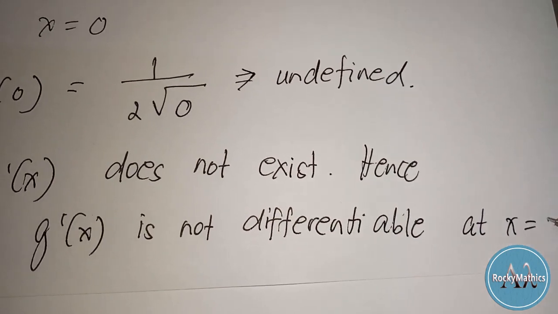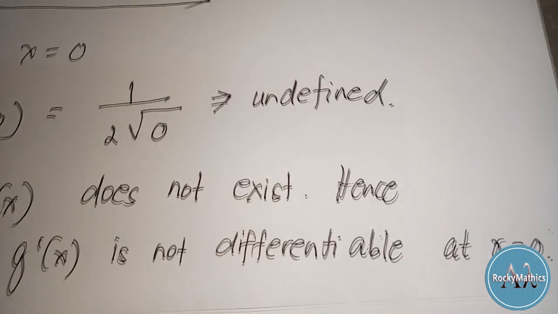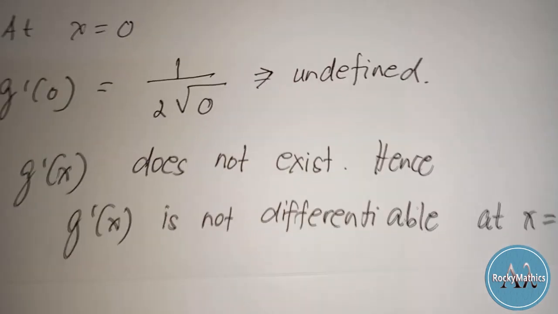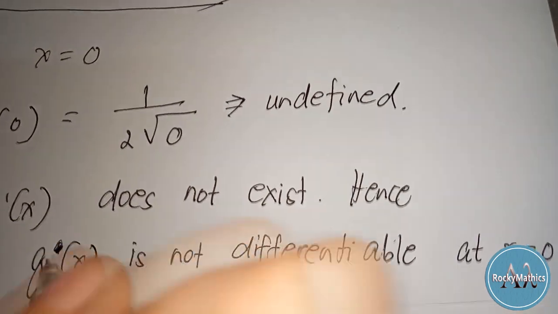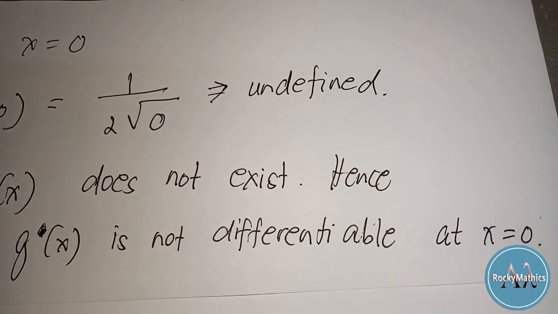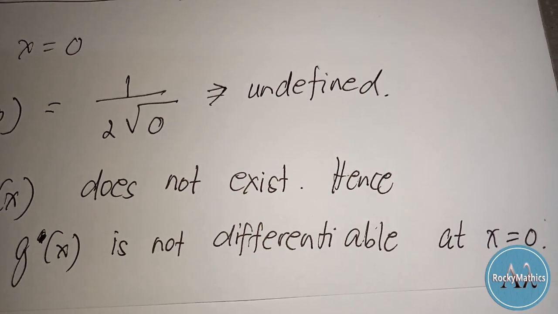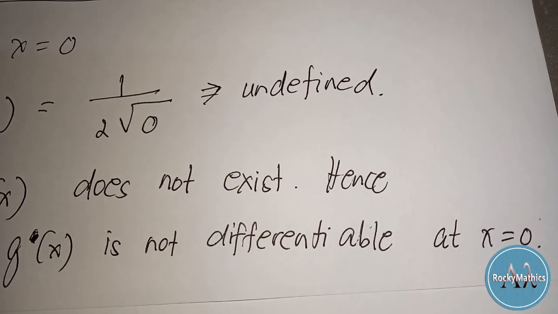At x equal to 0. So it's not differentiable. This is g. So g of x is not differentiable at x equal to 0. Now, we have answered the first question.